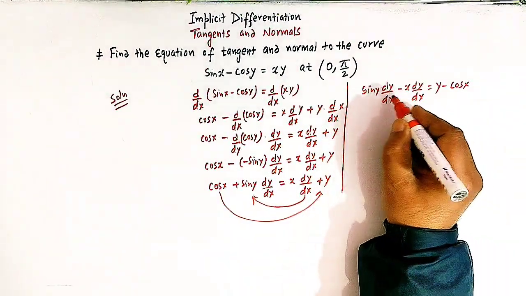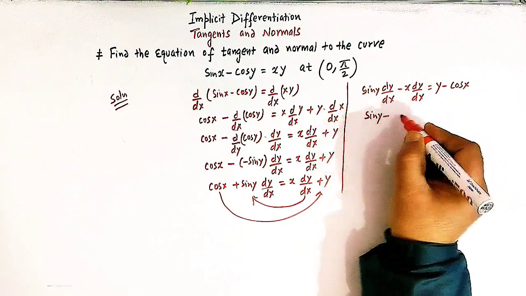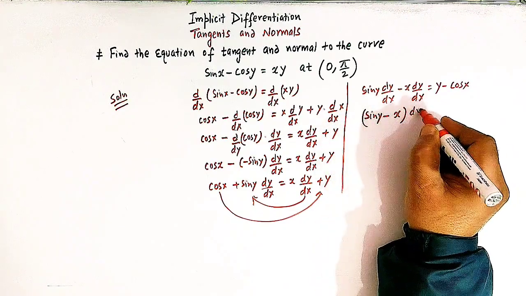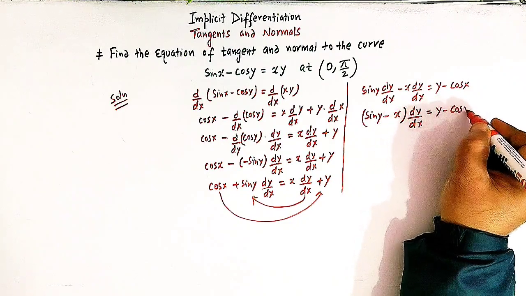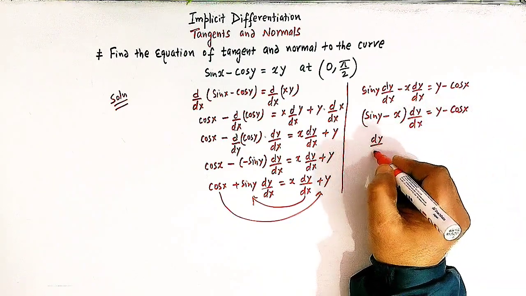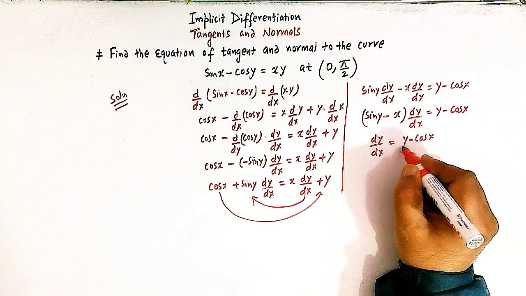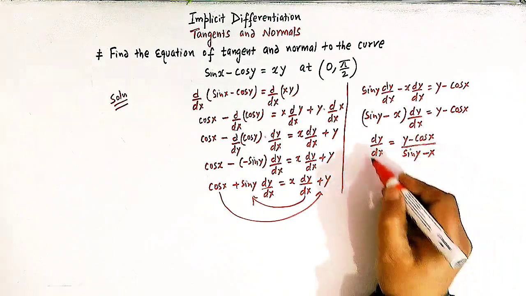So now we can take dy over dx common. So we have sin y minus x, and here we have dy over dx, and this is y minus cos x. So dy over dx is now equal to y minus cos x divided by sin y minus x, right?